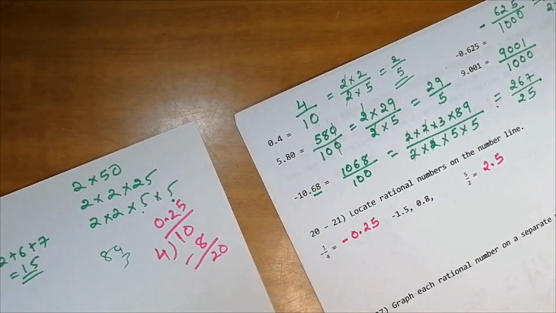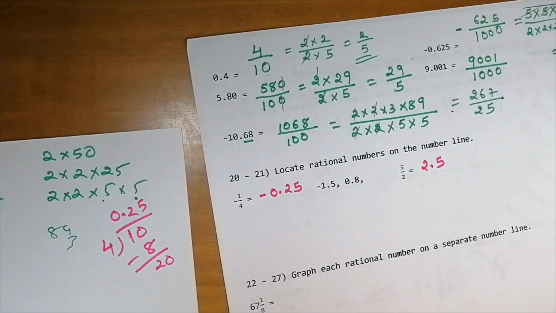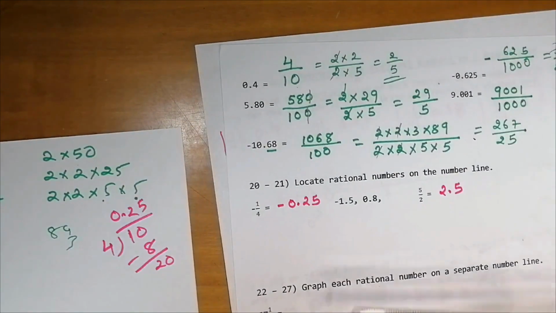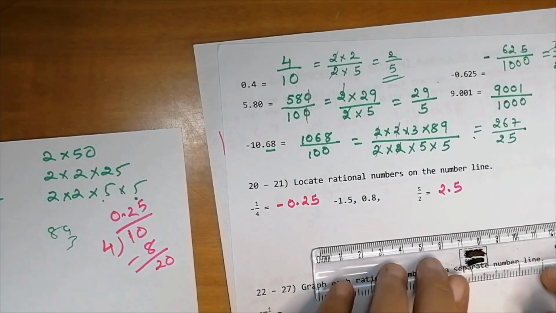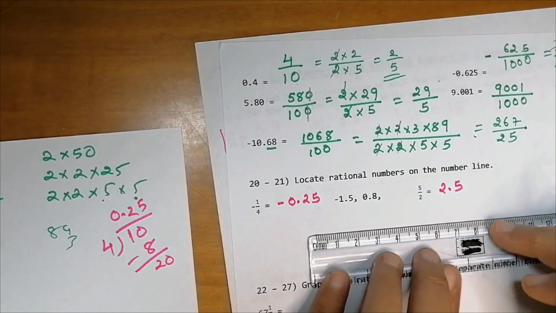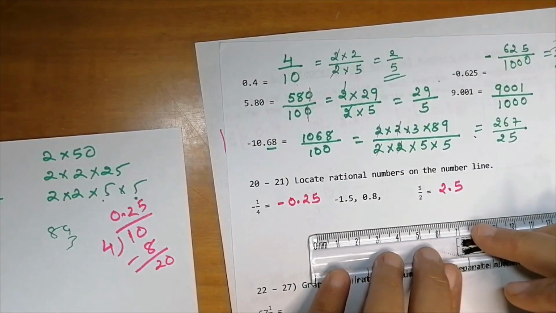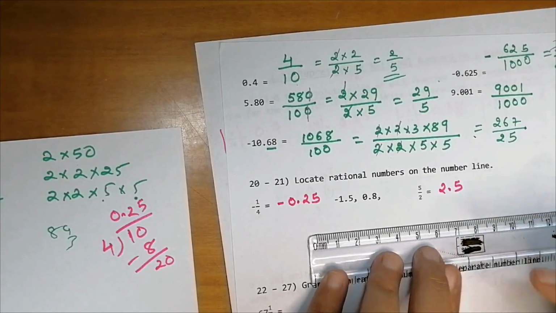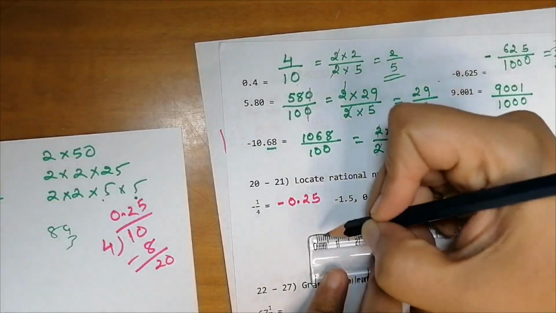We have 2 negative numbers and 2 positive numbers. Now how are we going to make the number line? What numbers are we going to take? You have from minus 1.5 to 2.5. So do you want to take 1 unit as 1 centimeter? You can do that and make your life easy.